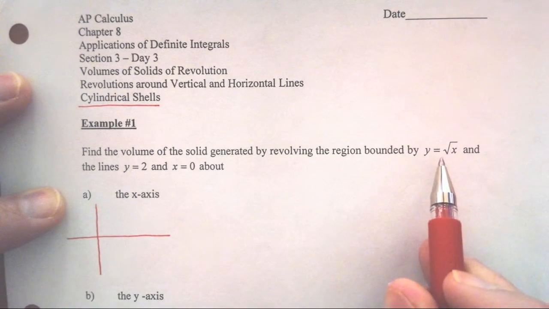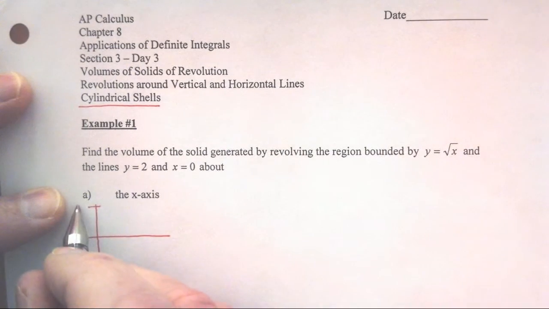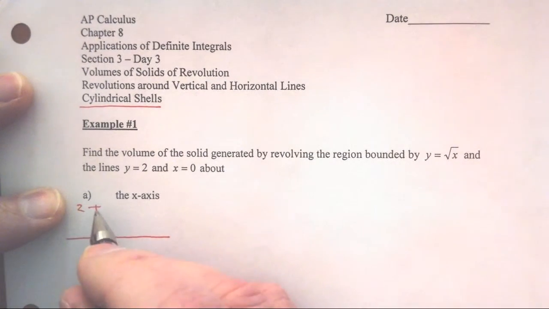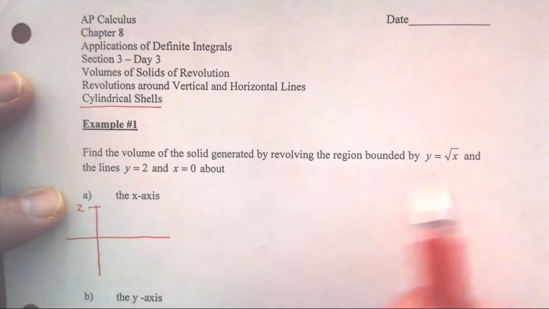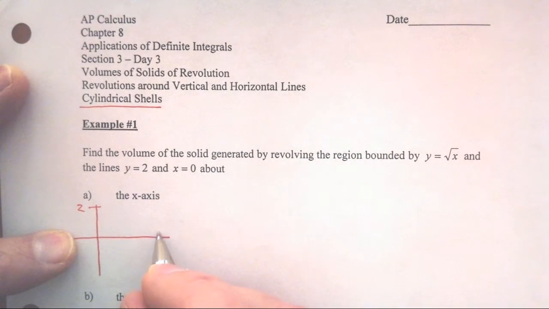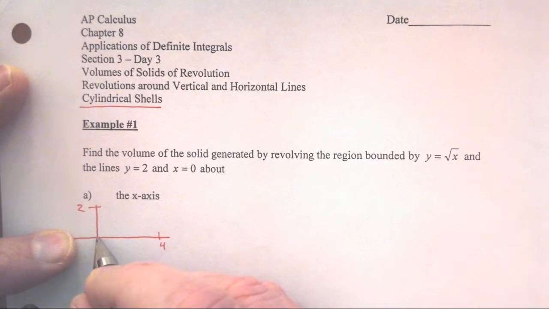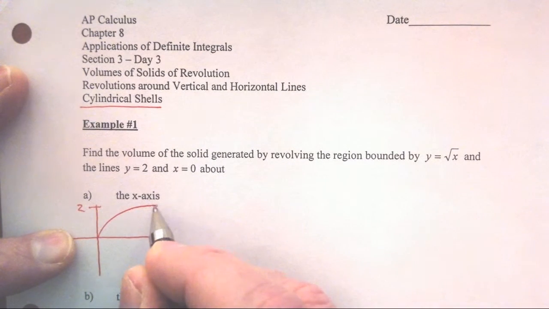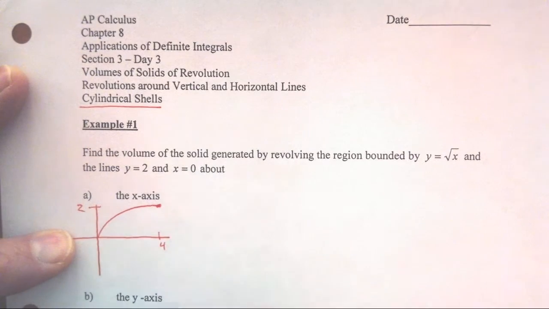We need square root of x. We've got y equals 2. We've got x equals 0. So if y equals 2, to get to 2, I need to put 4 in for x. And we know that graph pretty well by now. It looks like this.